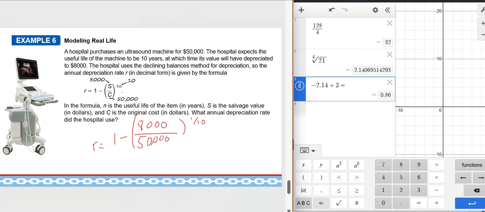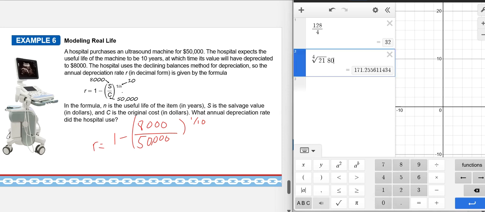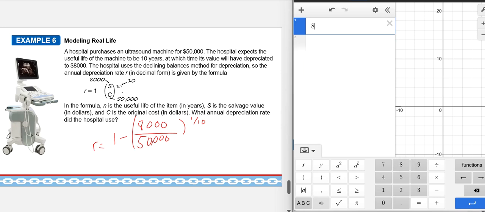So I can enter that in. We're going to start in the parentheses. 8,000 divided by 50,000 is 0.16.